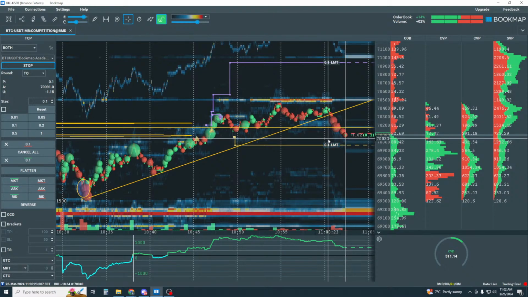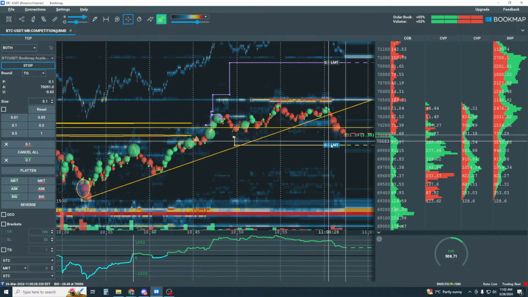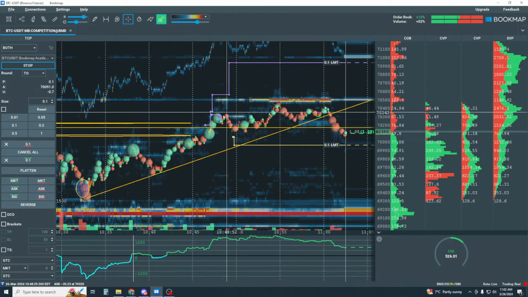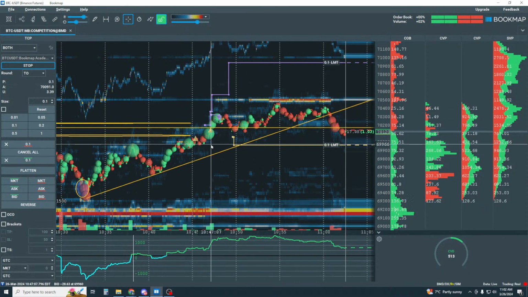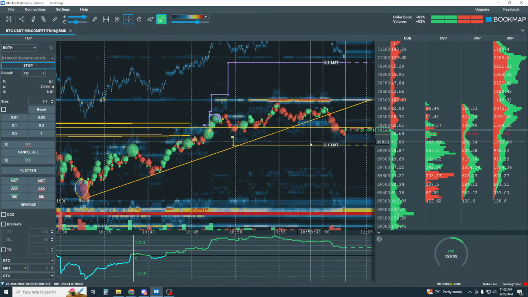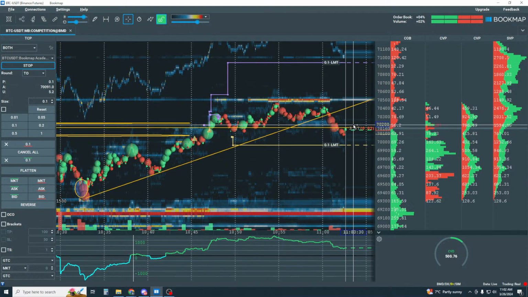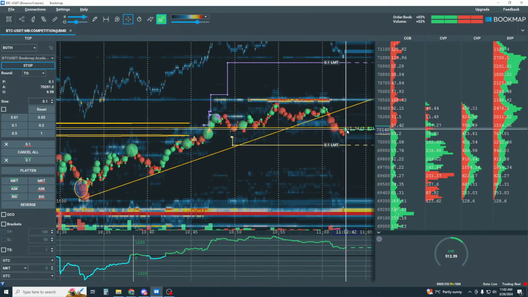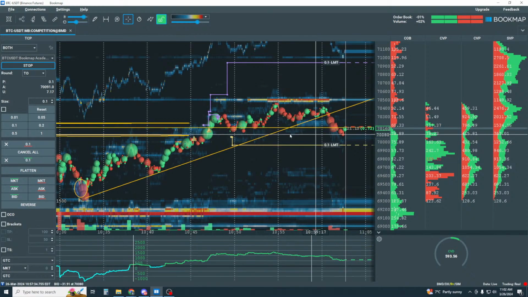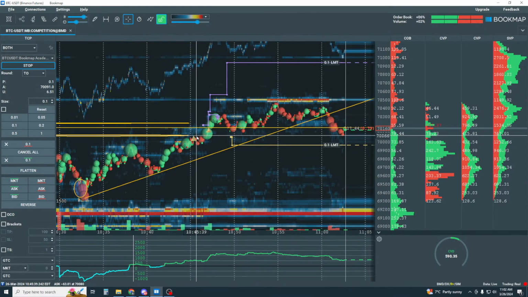Okay, so now the question here, Rob, is do we want to continue with this trade idea? It is aligned with the higher time frame. So I'm going to wait, and I'm going to look to see if we get buyers curling back in here, because we know that there's still buying interest in here from yesterday.